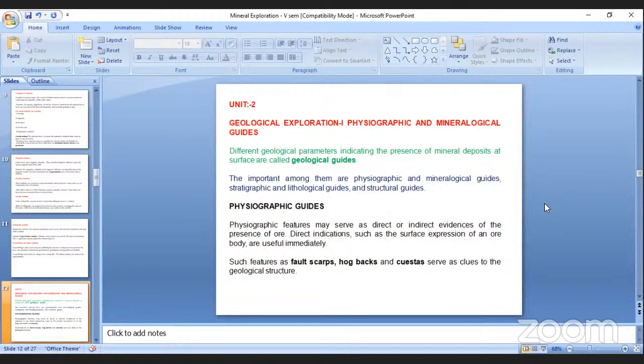Then we can immediately identify it using these physiographic guides. What are those features? One is fault scarps, second is hogbacks, and third is quartz ridges. These are important features we have to identify in a geological structure.